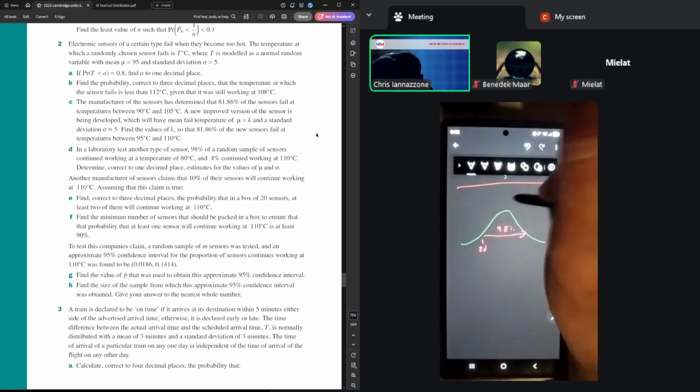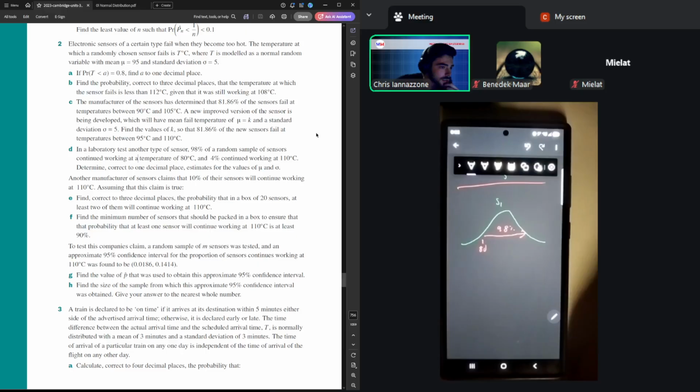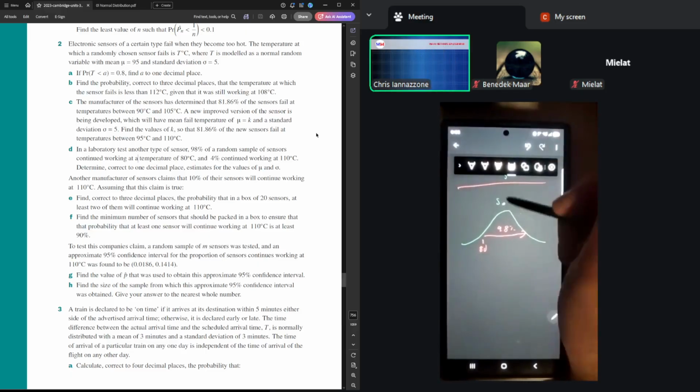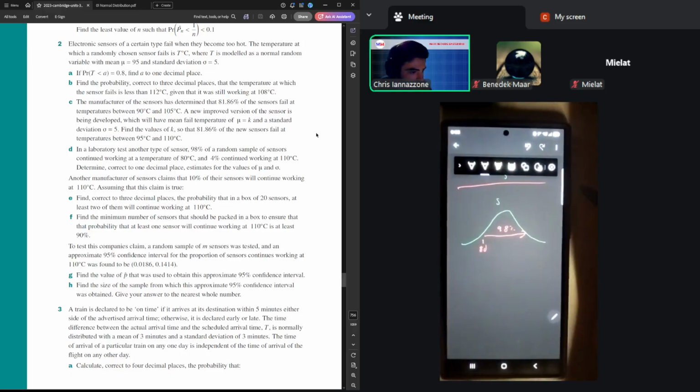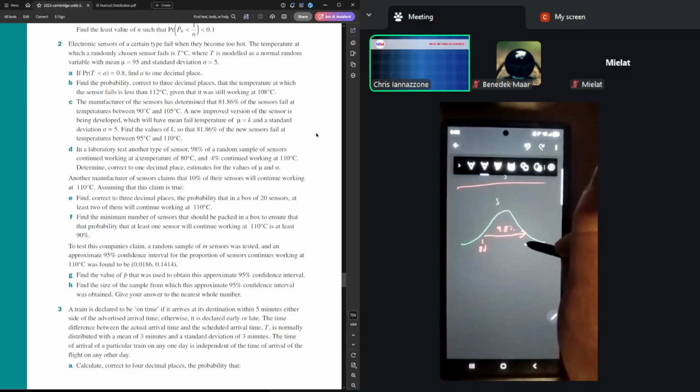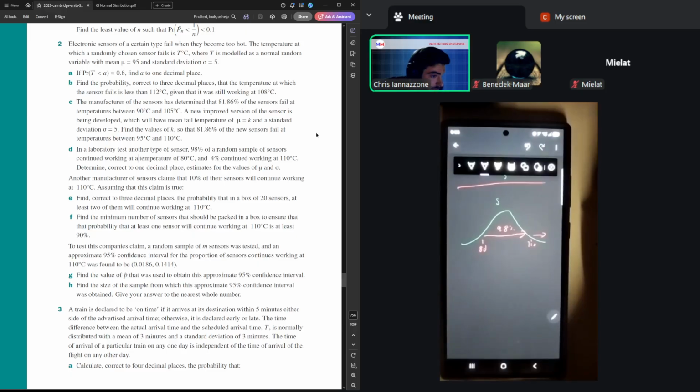Wait, no, it's the same thing. There's no 2 samples, I misread that. It's on the same distribution. And 110 should be way over here, because everything right of that should be 4%.